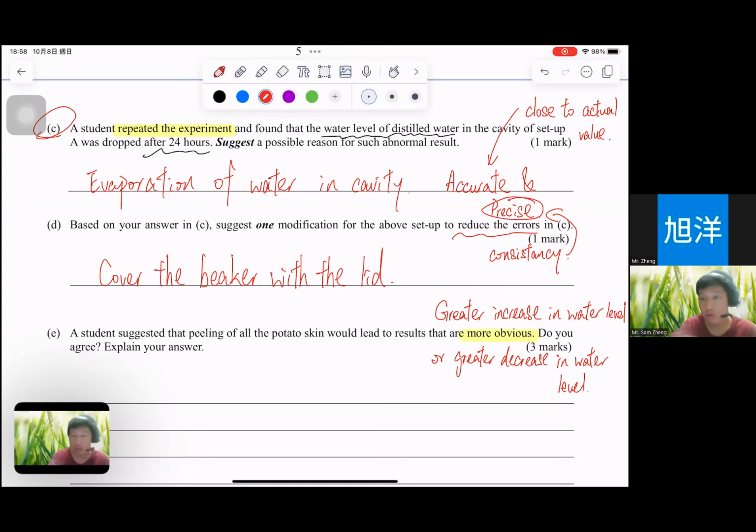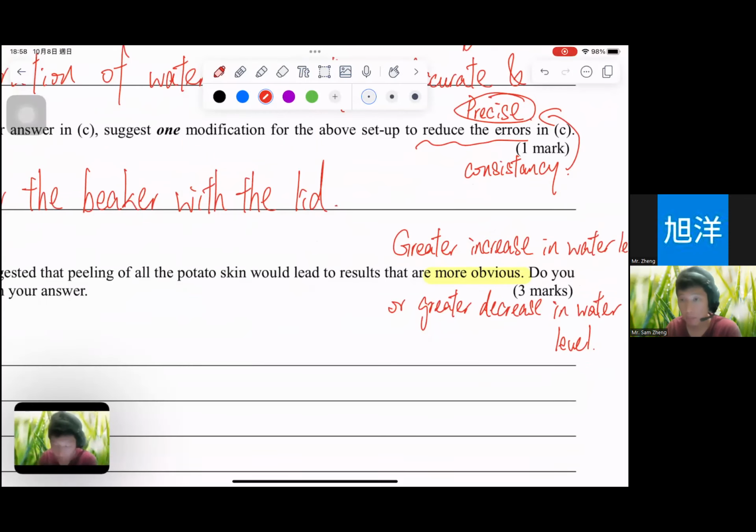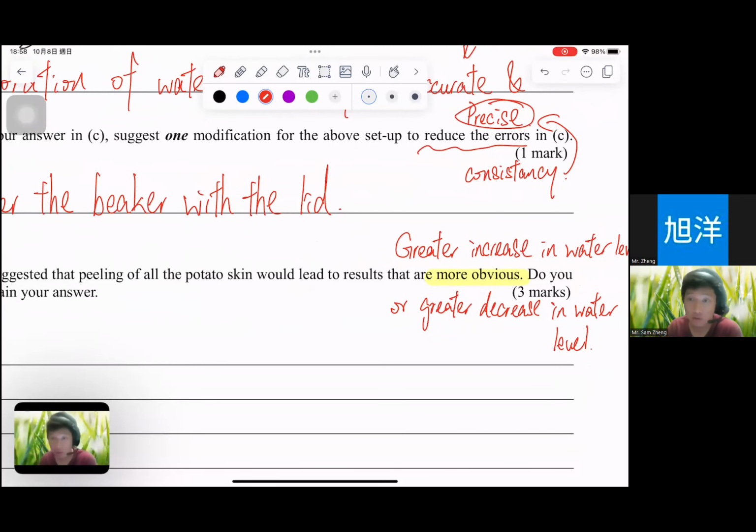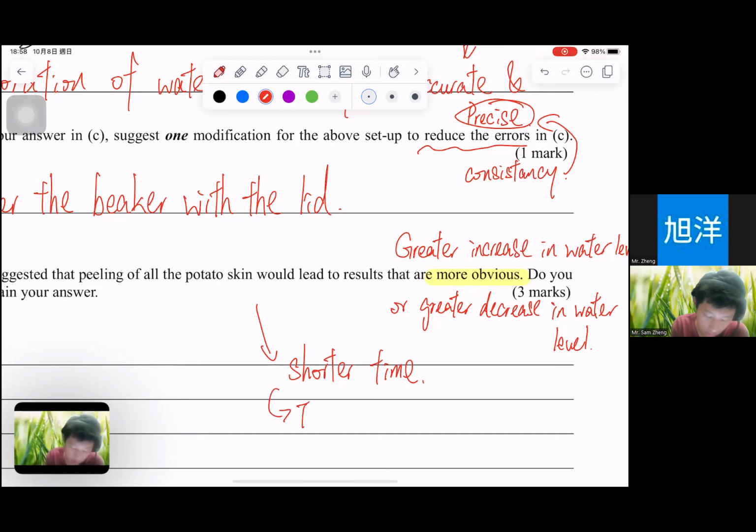So there are totally two different concepts. More obvious means that when we observe the water level, there will be a bigger change. If next time the question asks for a shorter time, then we will focus on the speed, the rate of reaction, maybe of osmosis.